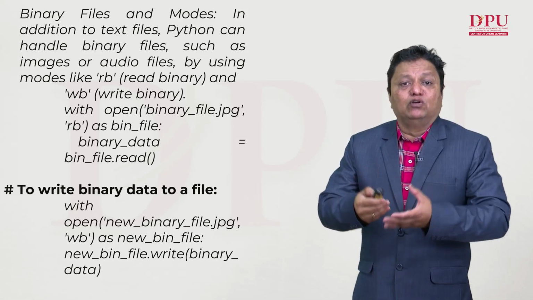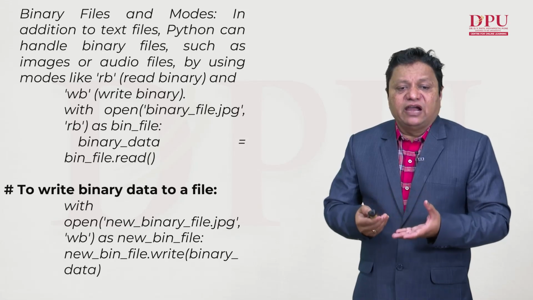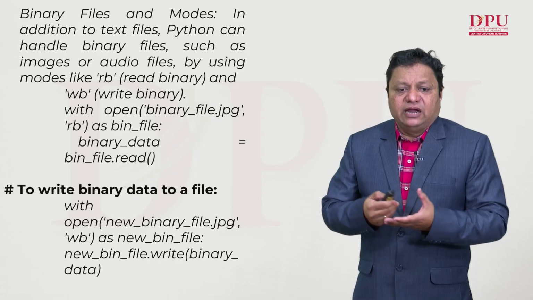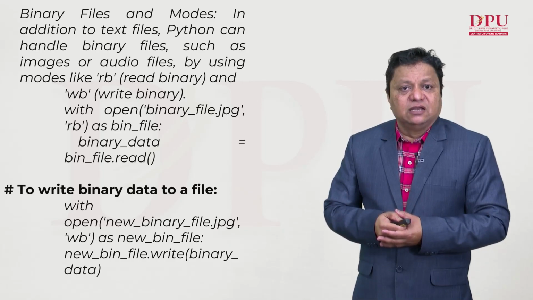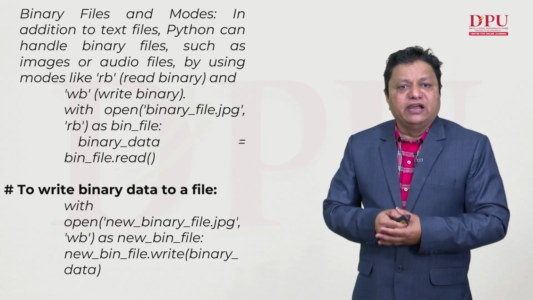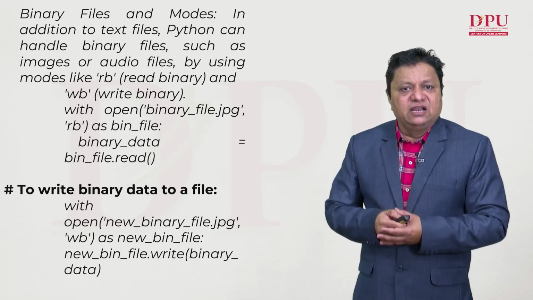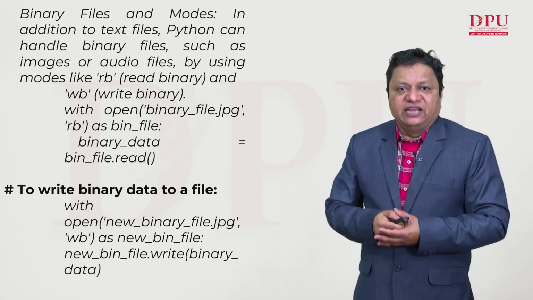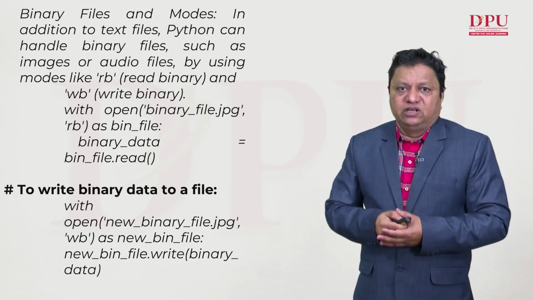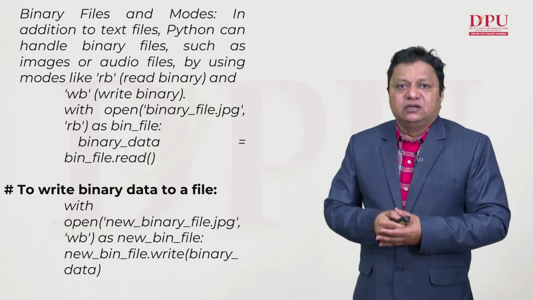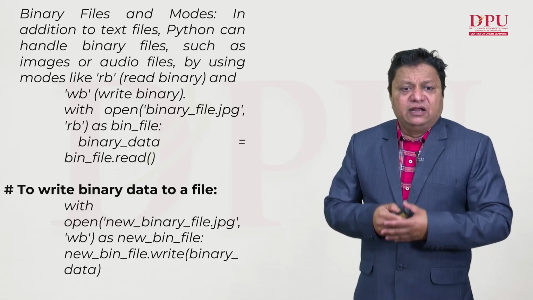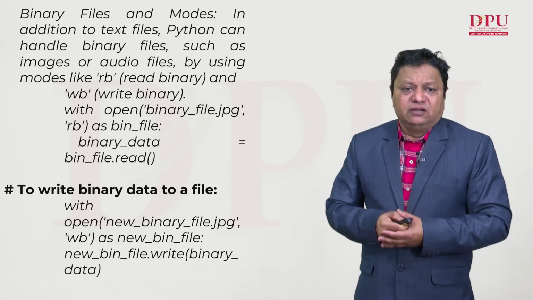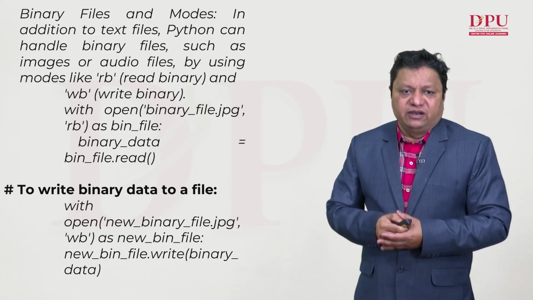If you want to write to a binary file, with the function with open, specify the file name, and now we can say here the mode as write binary, as new_bin_file, new_bin_file.write, specify the content that you want to write to the binary file. So, with wb we can write a binary file, and with rb I can read the binary file.